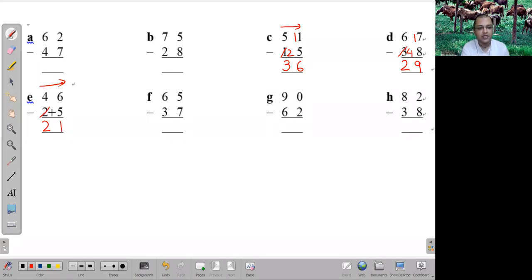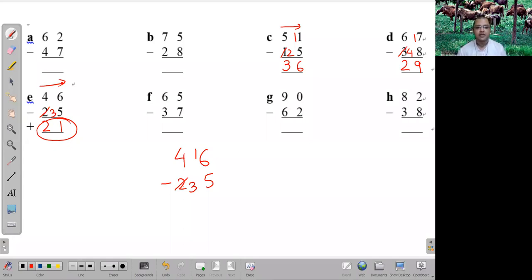Now, why are we not converting this to 3? Because you can subtract a bigger number minus a lesser number. Okay, now let's try something interesting. Even if I convert this to 3 and write here 16, will I get my answer 21 or no?